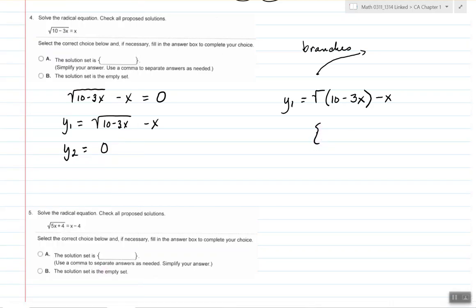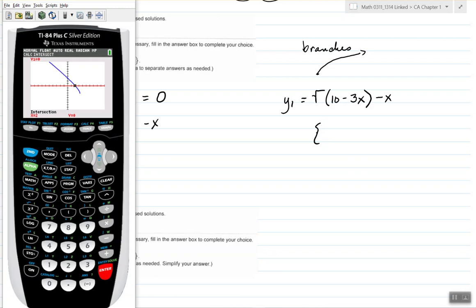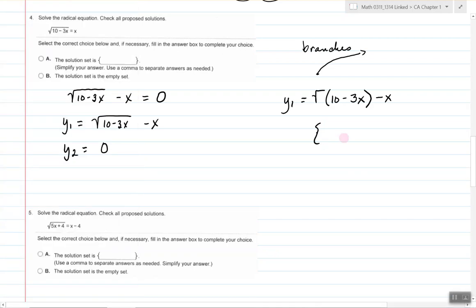Let me go back to that real quickly. Got rid of it too fast. I believe that the answer is 2. And I don't have any other answers, and that's what I got. So when I said that they were branches, we got a branch with a point, and then it kind of went off like that. Some kind of branch.